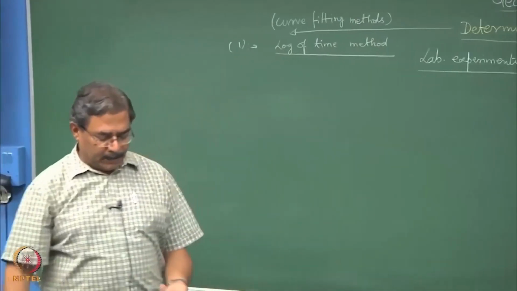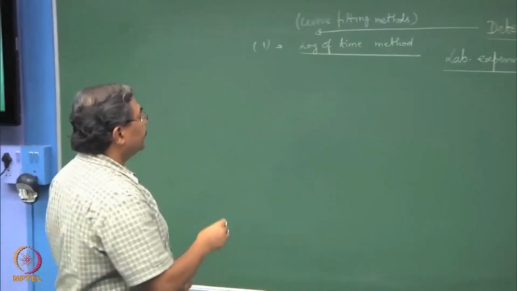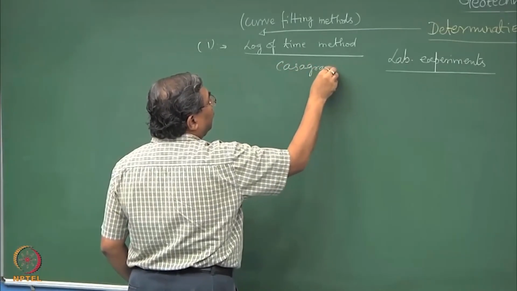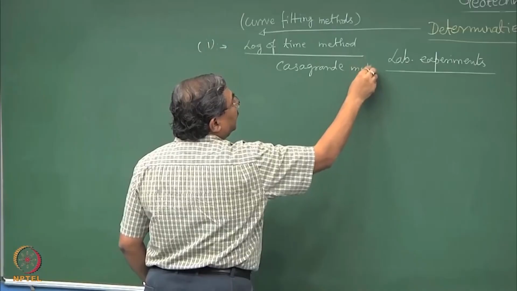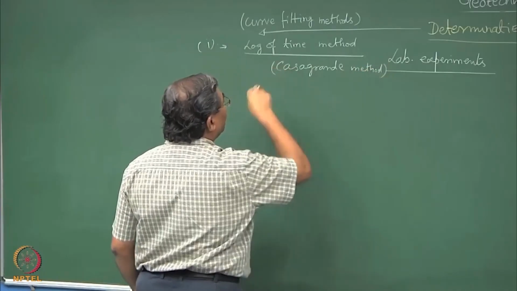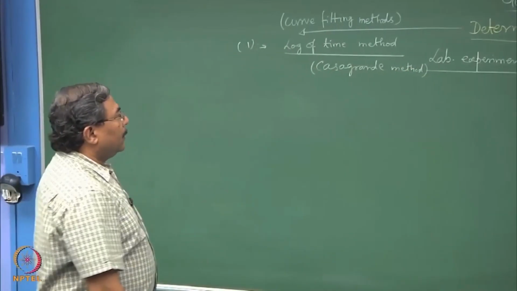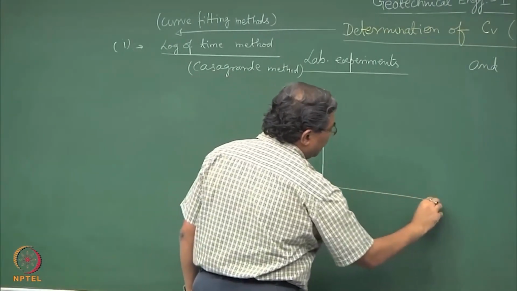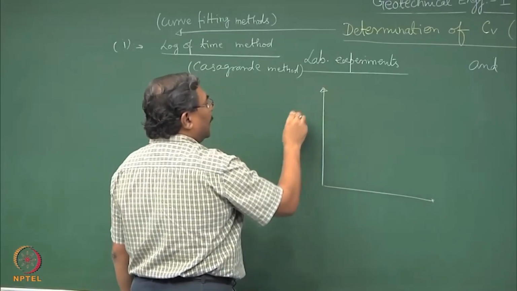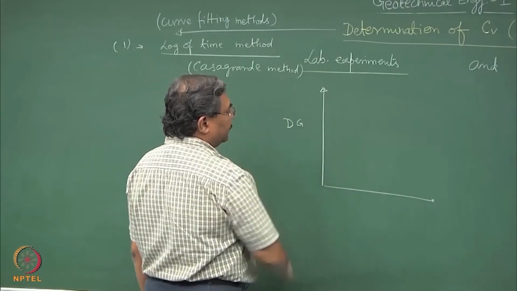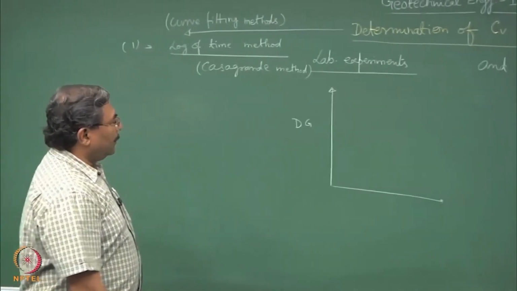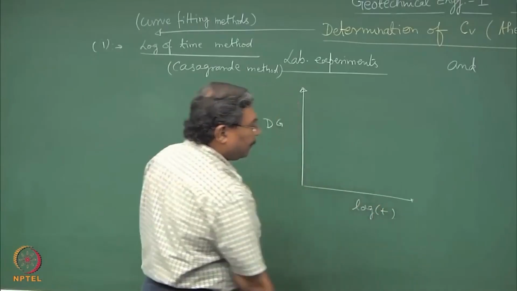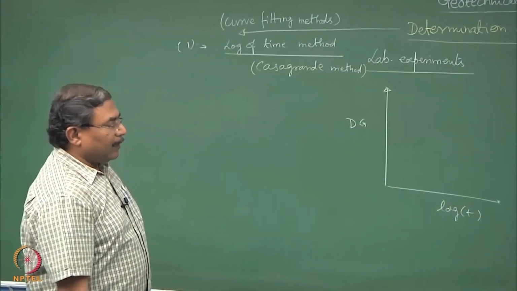This was proposed by Casagrande. Casagrande's method. As per this method, in laboratory experiments, the results, if they are plotted as a function of dial gauge readings and with log of time, why log of time?